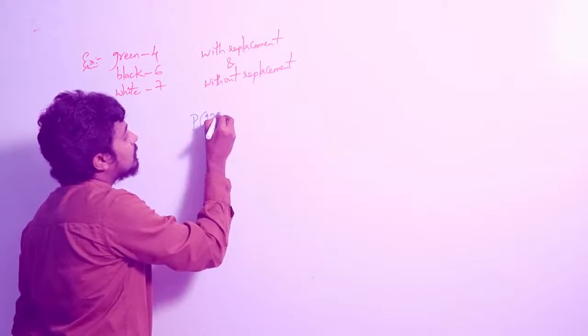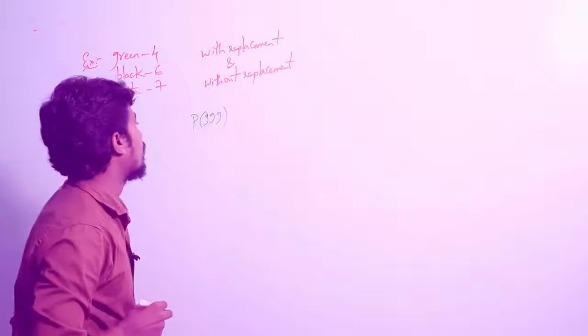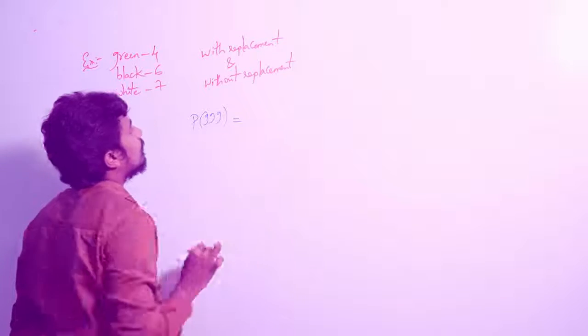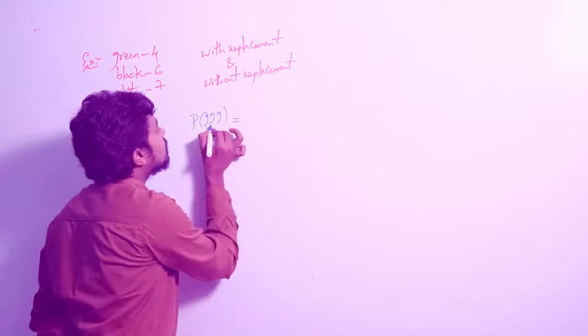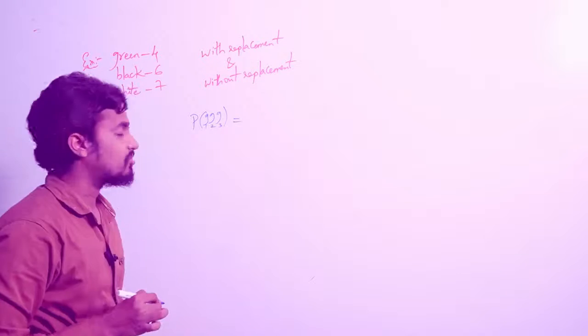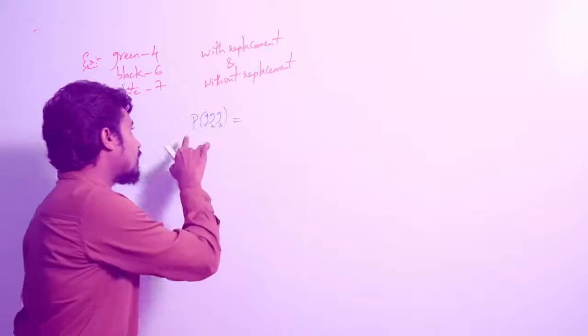G, 3 balls. This will be G1, G2 as well as G3. The probability of getting a green ball will be 4 by 17, right? This will be 4, the total will be 17.